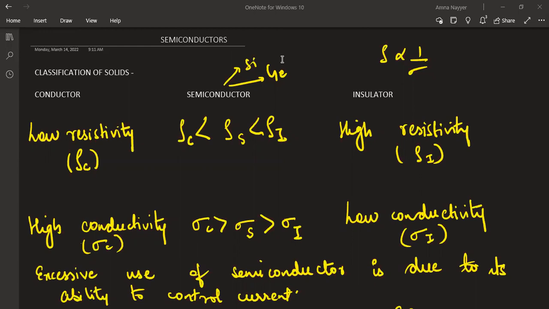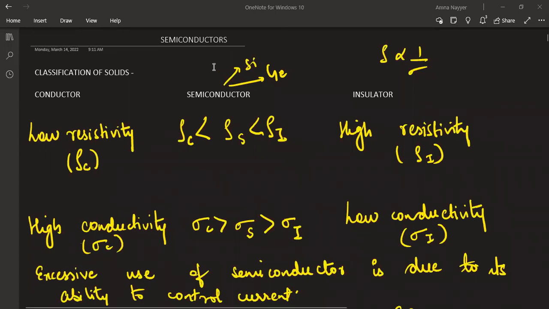That's why we say insulators are poor conductors of electricity. But when you see the experimental data for semiconductors, they have values of resistivity and conductivity in between insulators and conductors. That's why they are not properly conductors, they are not properly insulators. They have the properties in between.